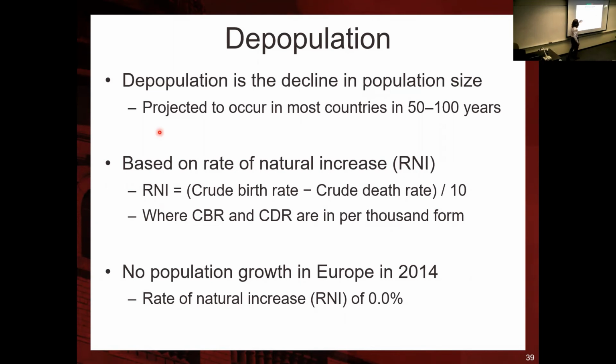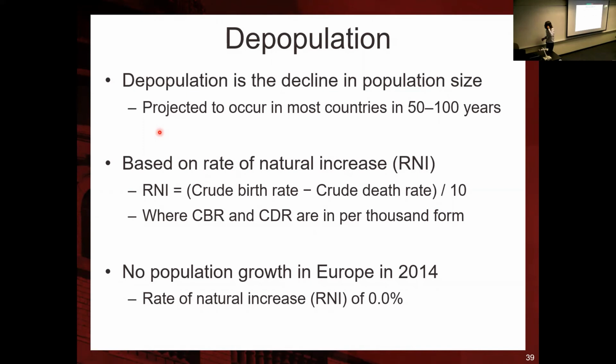If you just take the crude birth rate minus the death rate and divide by 10, you have the rate of natural increase. If you have overall more deaths in a country than births, the rate of natural increase is going to be negative. More births than deaths, it's going to be positive, with the population still increasing in size.